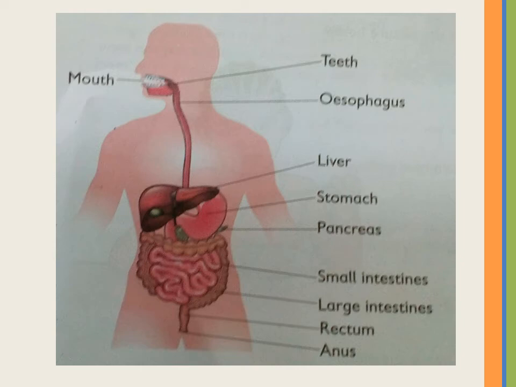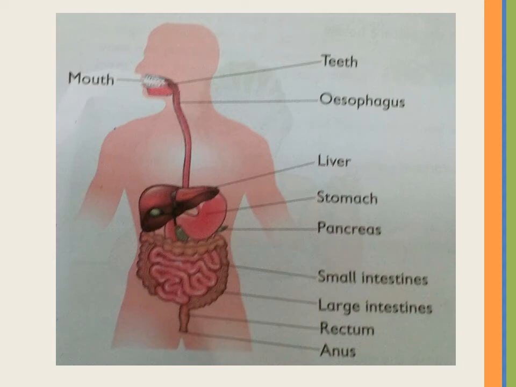Pupils, food can stay in our stomach for 3 to 4 hours. When food is mixed with the digestive juices in the stomach, it becomes a fluid like porridge. It is then released by the stomach to the small intestine.